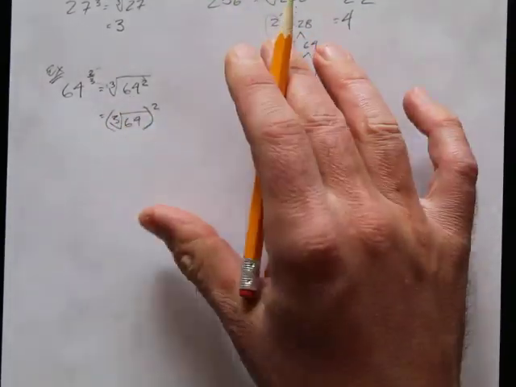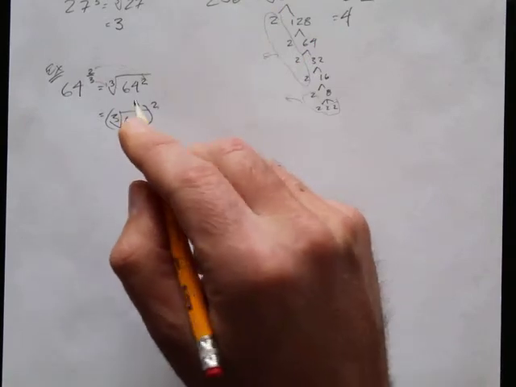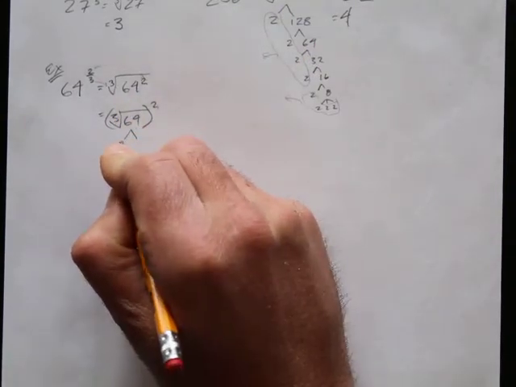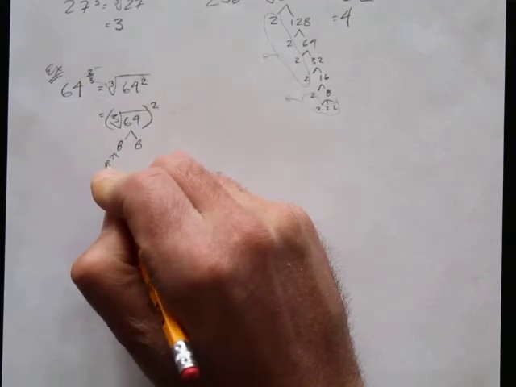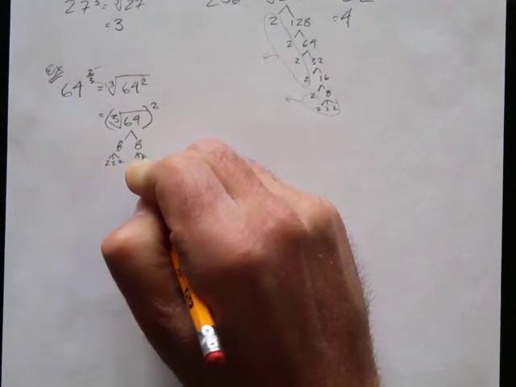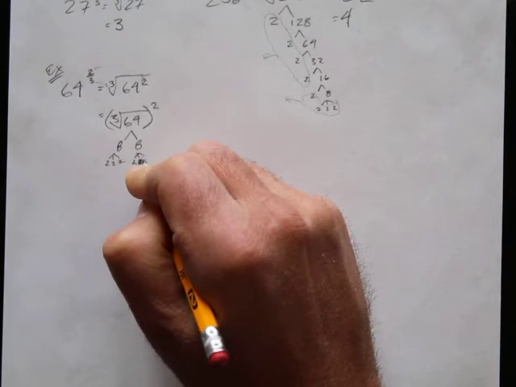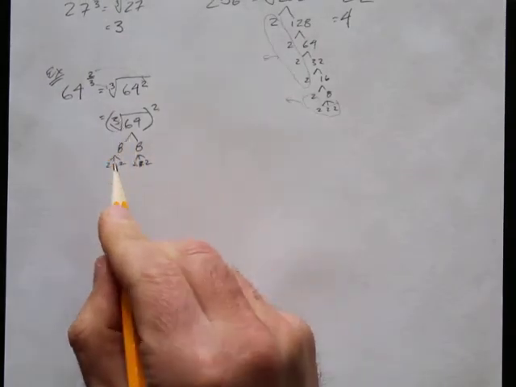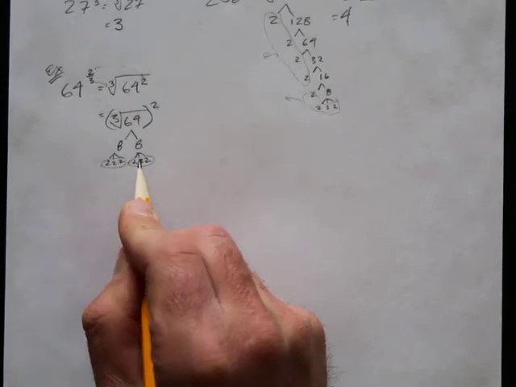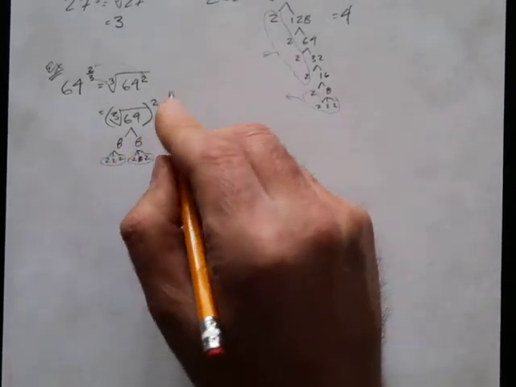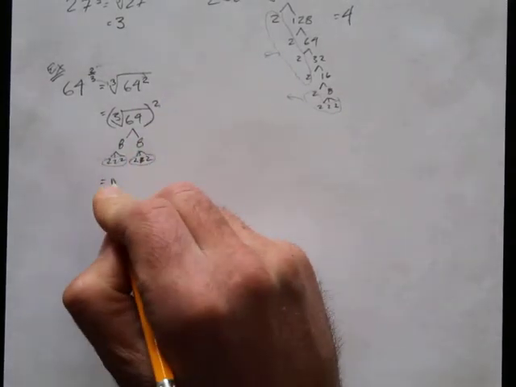So let's find the third root of 64. We know 64 is 8 times 8. And 8 is 3 2's, and 3 2's. So the third root, I've got 3 here and I've got 3 here, so that's 2 times 2. Let's keep going down, I guess.